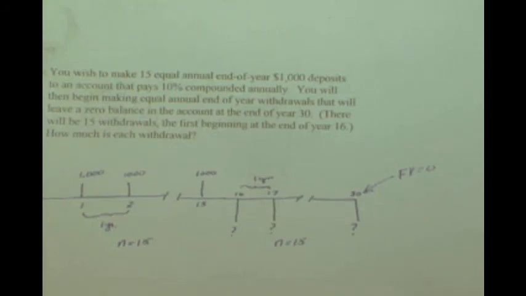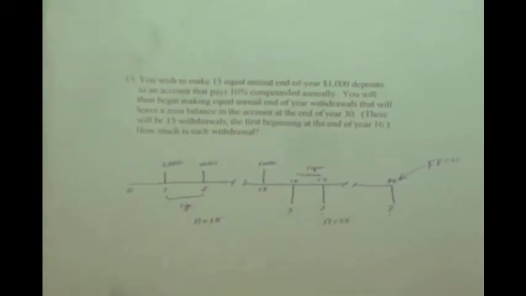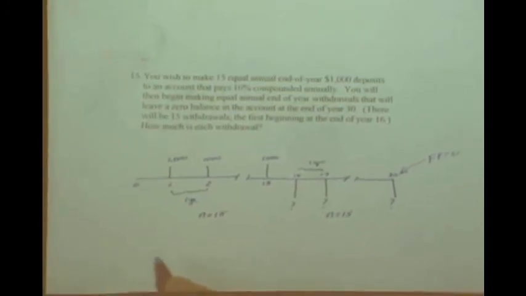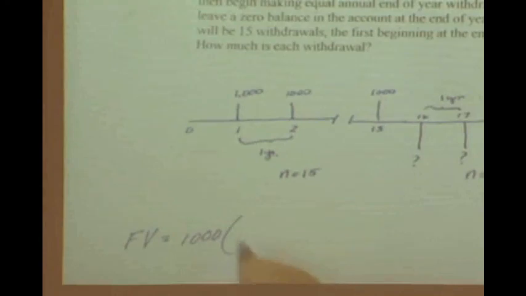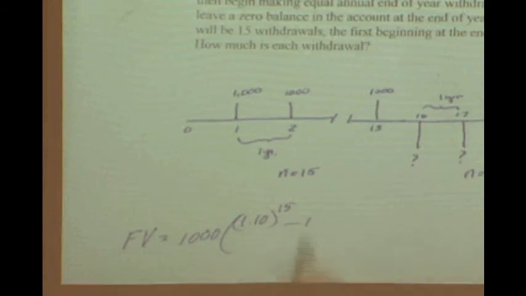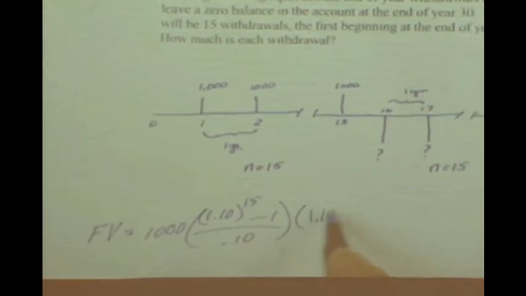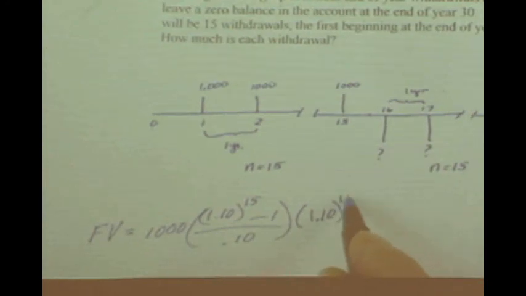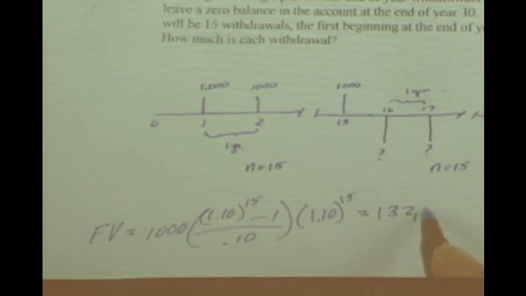And one way to solve it is, again, take all the deposits to year 30. That gets us our 31,000, but let's just go ahead and move it 15 more years into the future. And we have our 132,000 amount again.